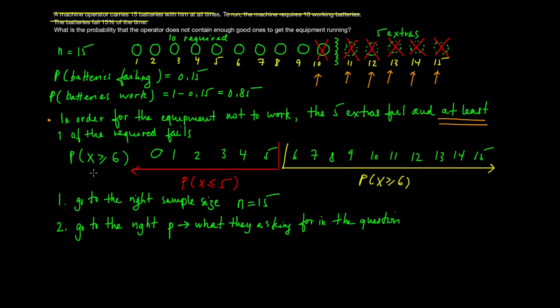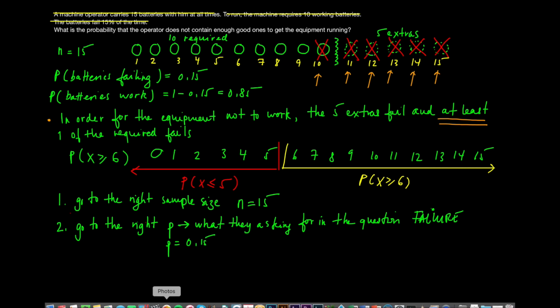Because I'm saying that 6 or more batteries have to fail for the equipment to not work, right? So what the question is asking for, I use the batteries fail probability, right? So I use the probability of batteries failing.